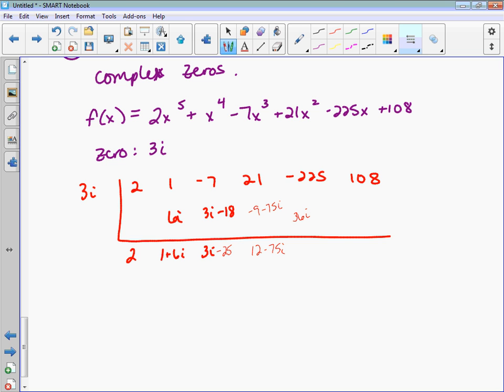And then negative 75i times 3i. So first 75 times 3, like 225, right? So is it going to be positive or negative 225? Positive 225. All right, add those together. What do I get? 36i times 3i.